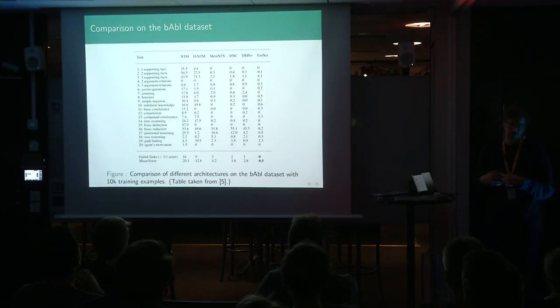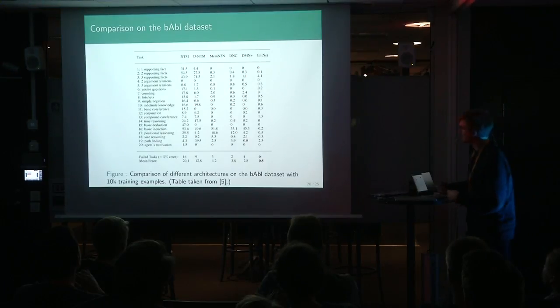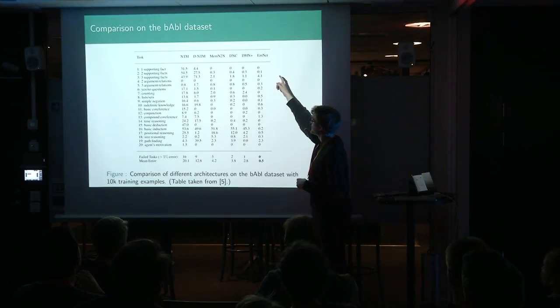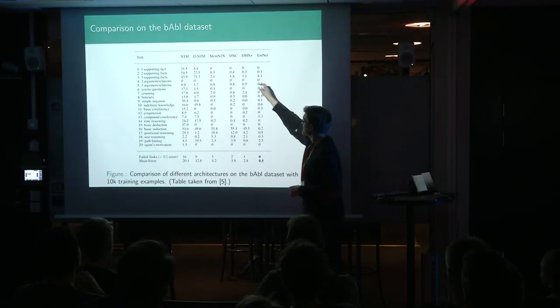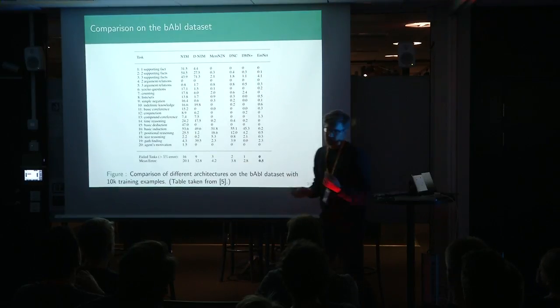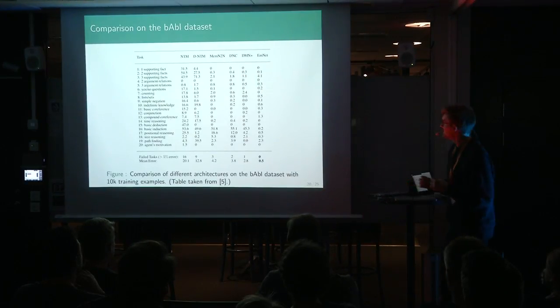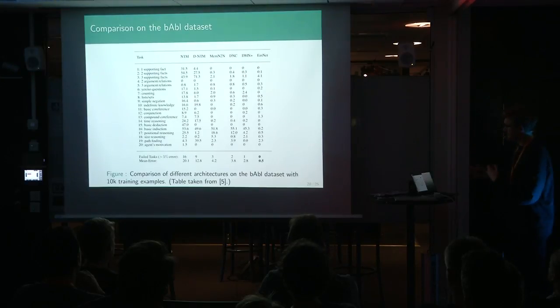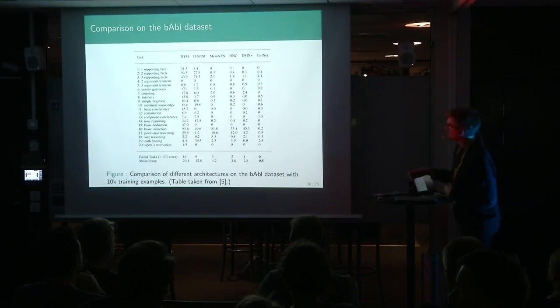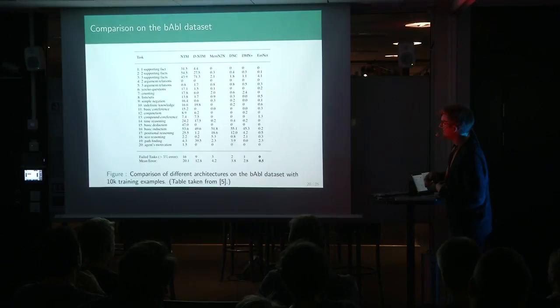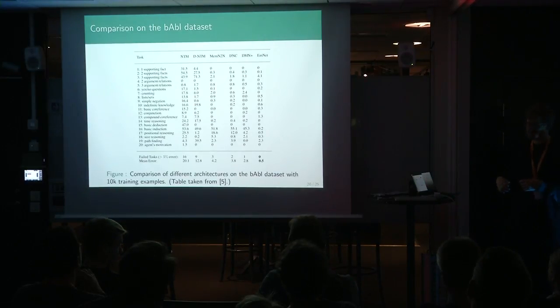It's a question answering problem. And these entity networks and dynamic memory networks are specifically designed for these types of problems. So it makes sense that they are better than the DNC. But the DNC is quite a general architecture.